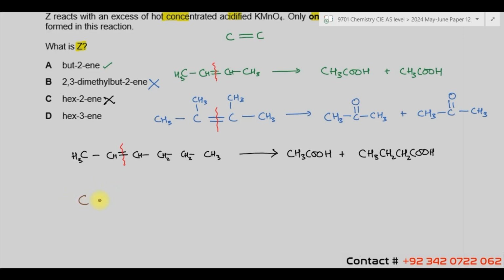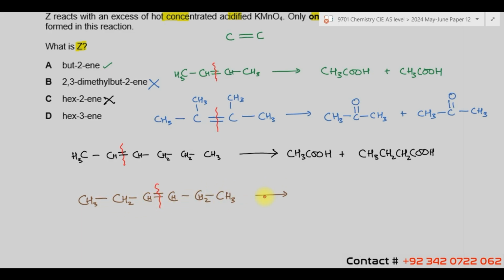So again we have 6 carbons. 3-ene means that the double bond is present between third and fourth carbon. Rest are the hydrogens. Again this looks symmetrical. So left and right side are the same, so the same products will be formed.